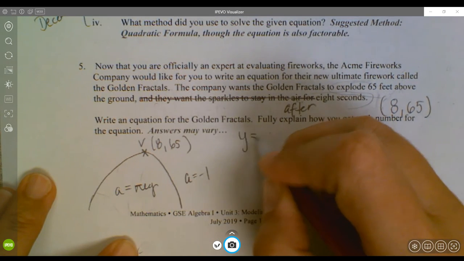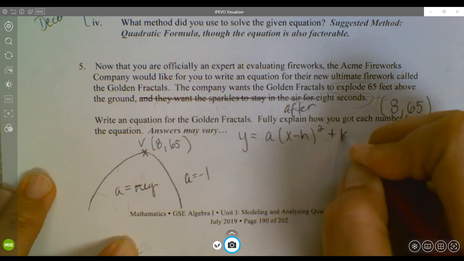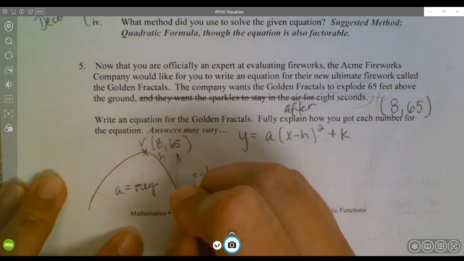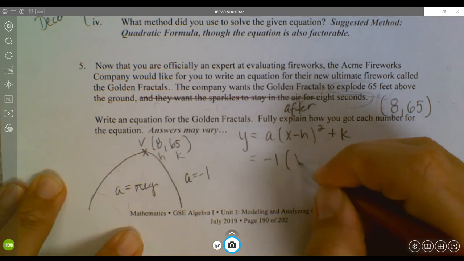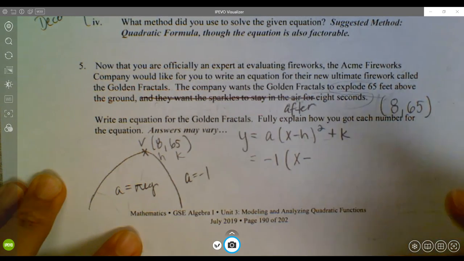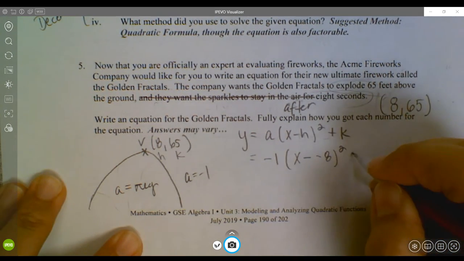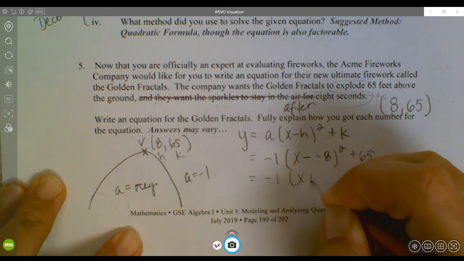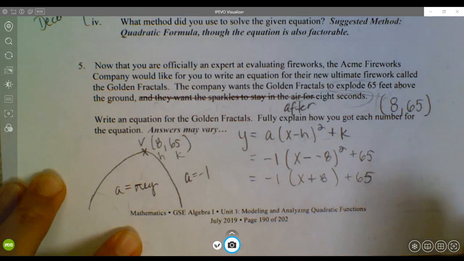So remember, the function is a times x minus h squared plus k. Oh, I'm going way back. So this is h, this is k, here's -1. So this is -1 times x minus -8 squared, I can do that, I don't mind, plus k. So we'll get -1 times x plus 8 squared plus 65.